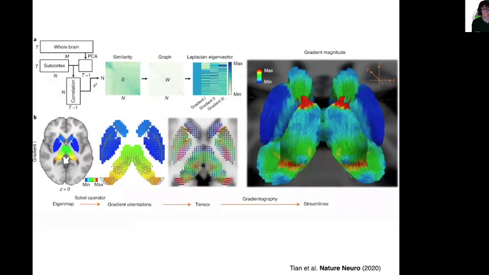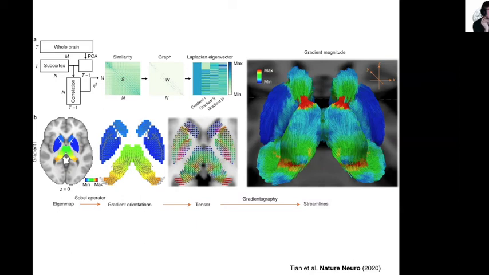Next, you can also use those gradients to investigate more about the origins of the brain, and by doing so, investigate the contribution of subcortical areas to those gradients. And this is what has been done here.